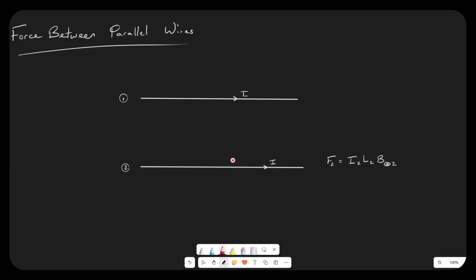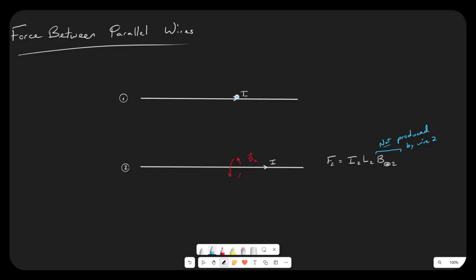It'll produce magnetic fields around itself this way, but at the center it doesn't produce a magnetic field on itself. So this B at location 2 is a magnetic field not produced by wire 2. Right? It has to be an external magnetic field.